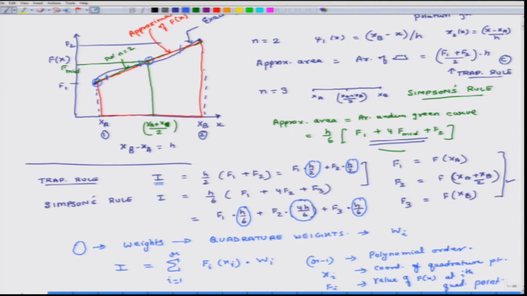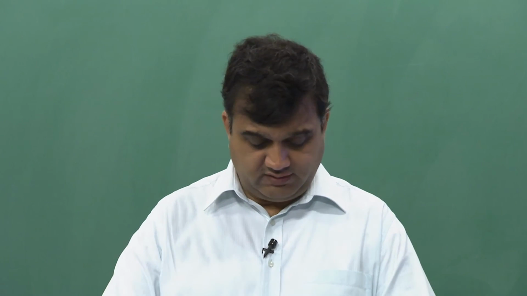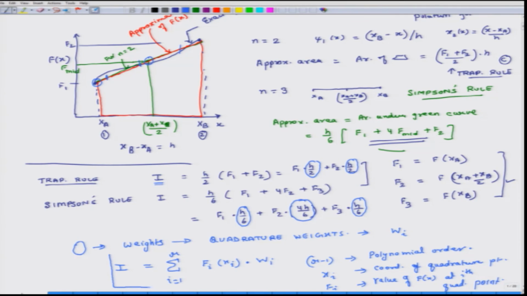Okay. So, what you have learned today is this terminology known as quadrature, quadrature point, quadrature weights, and what you have seen is that if I have a function over a domain, then the quadrature of that function can be expressed as a summation of a series which is fi times wi, where fi represents the value of f at the ith quadrature point and wi represents the weight associated with that point.